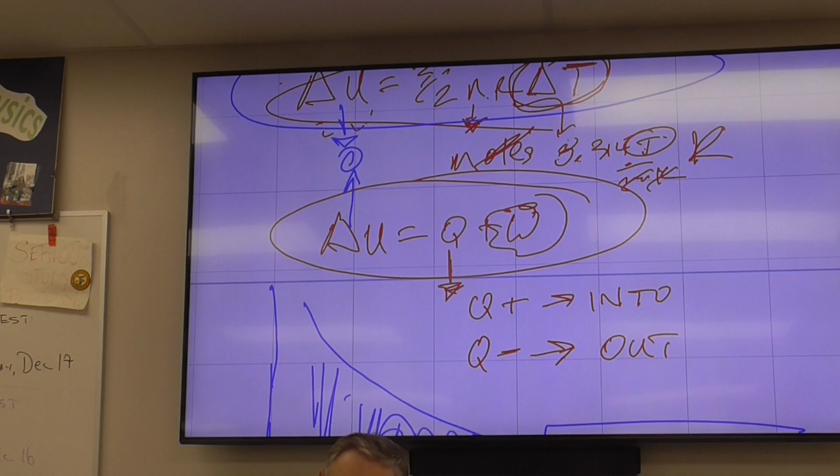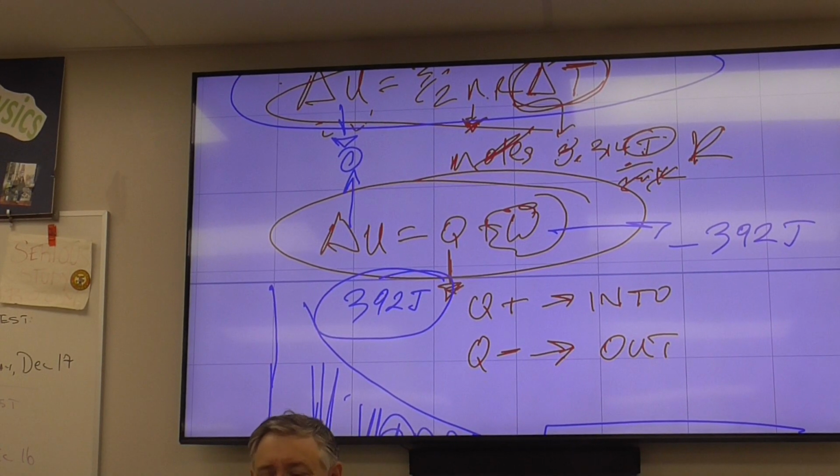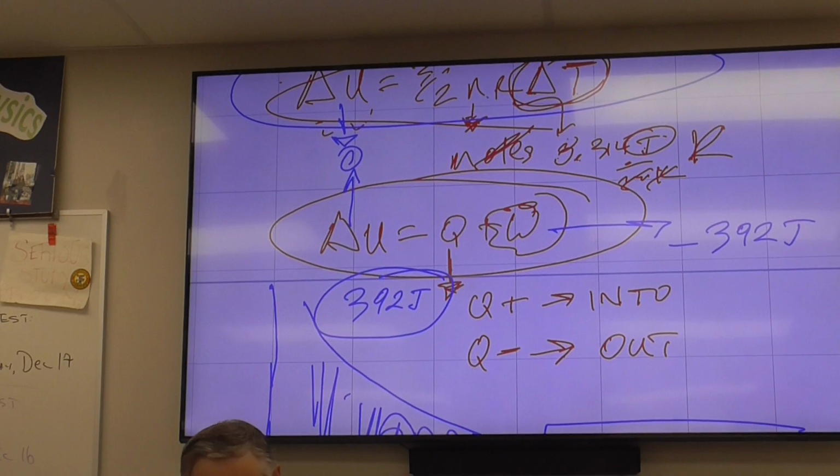So if my work, which we just found, was negative 392 joules, then you need to put 392 joules on. That means my Q value is going to be 392. Otherwise, you're just kind of destroying energy, which is frowned upon.